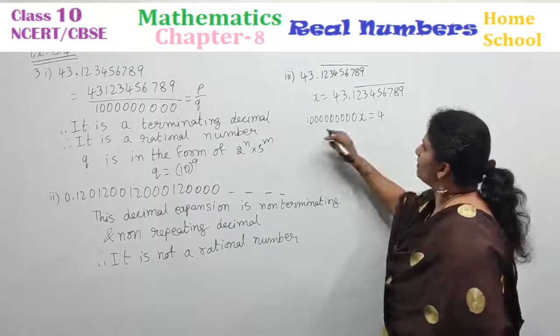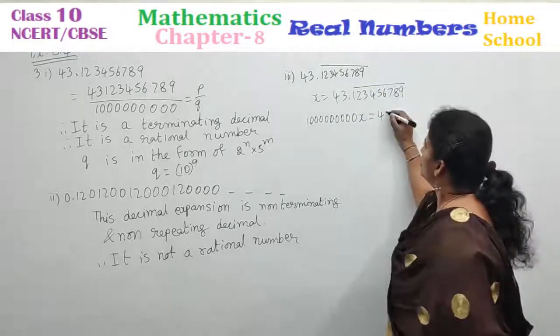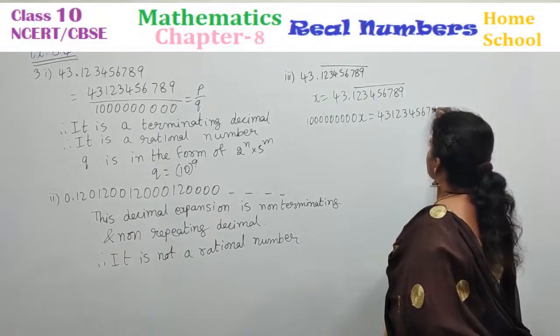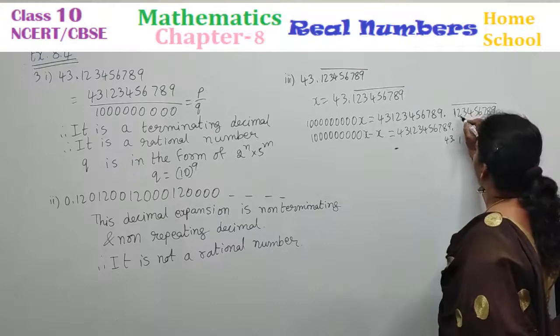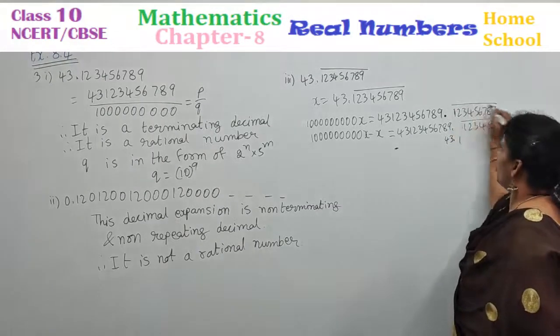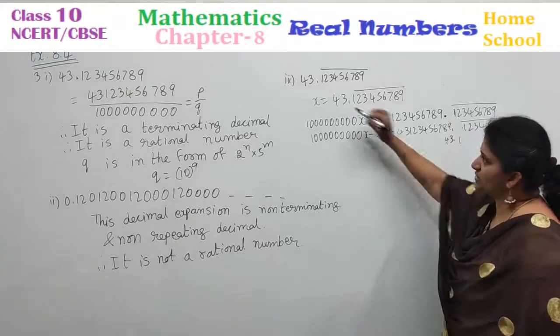What happens now if I multiply? That decimal point will be shifted here. 43123456789 repeated now, children. After this decimal point again it repeats. So now you need to subtract this with this.